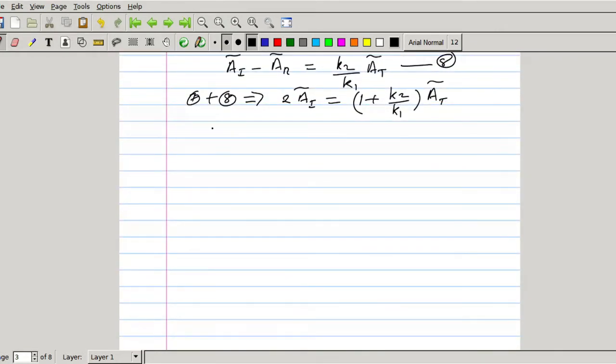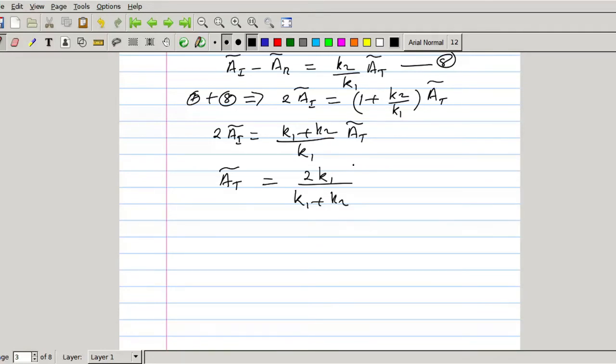So this is 2AI is equal to K1 plus K2 by K1 into AT, or the amplitude of transmitted wave AT equal to 2 K1 by K1 plus K2 into A incident. So this is equation number 9.